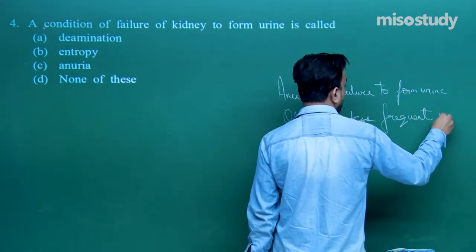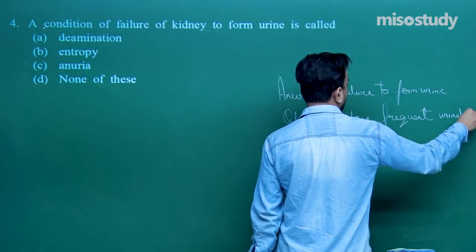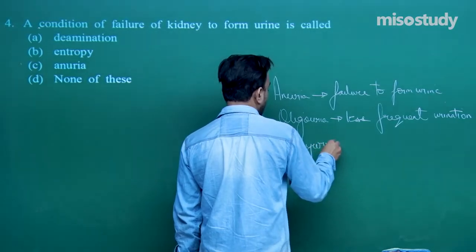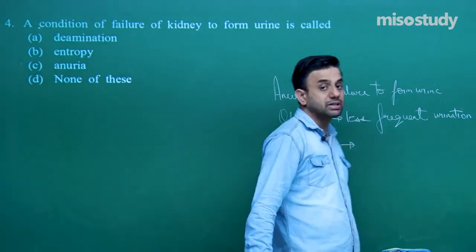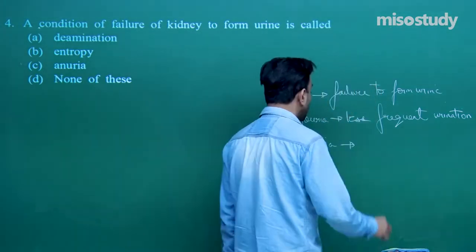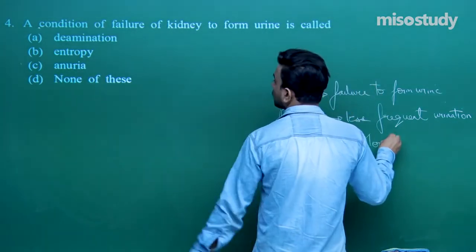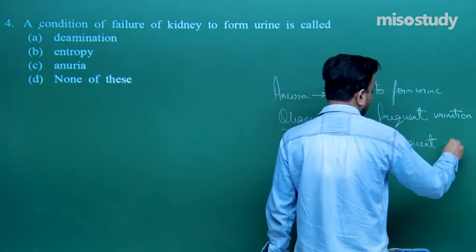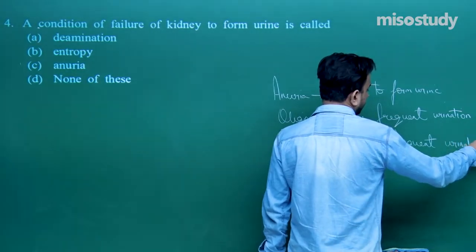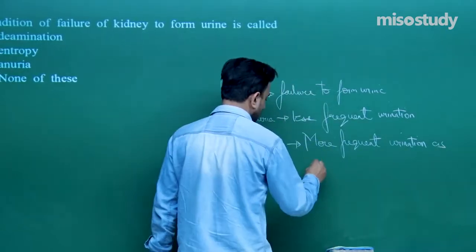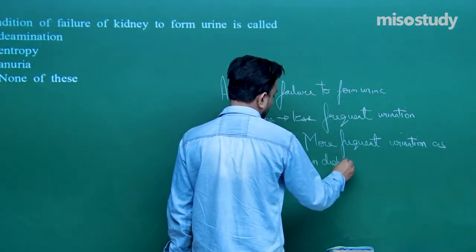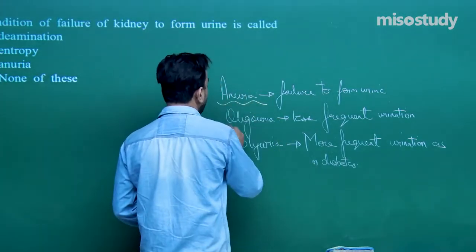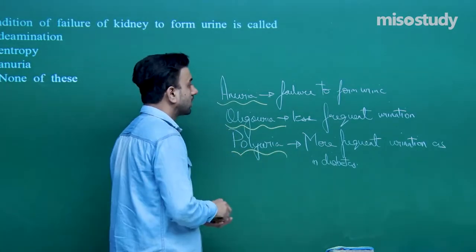Then polyuria, more frequent urination, as in diabetes. So, anuria, oligouria, polyuria.